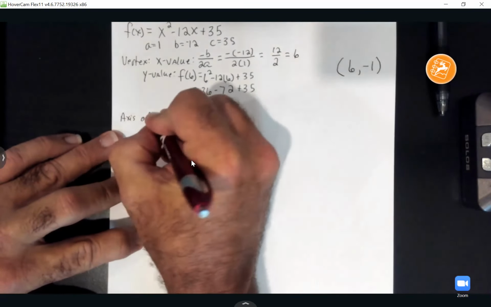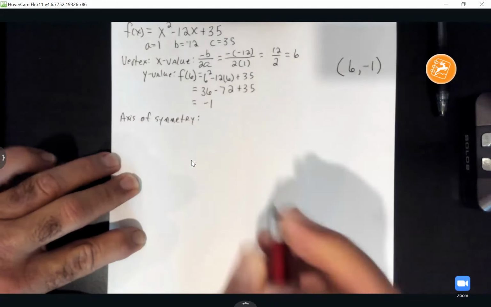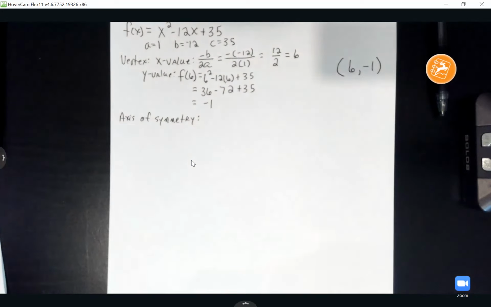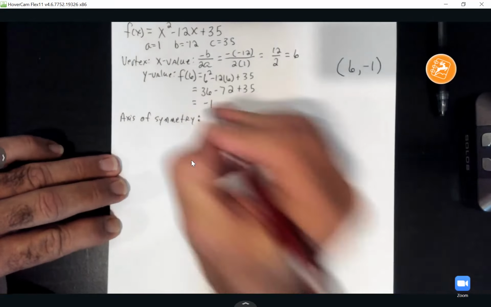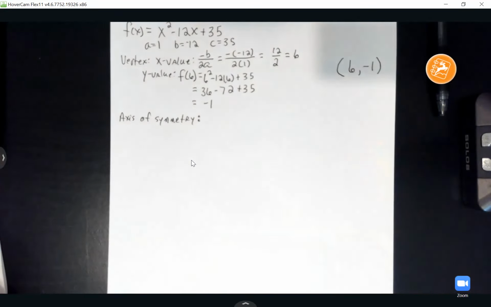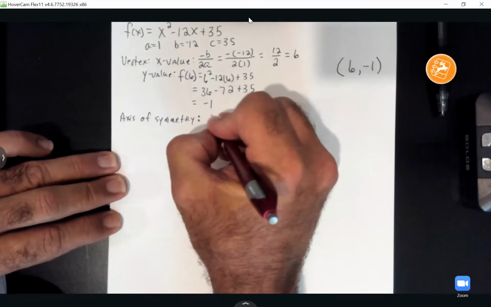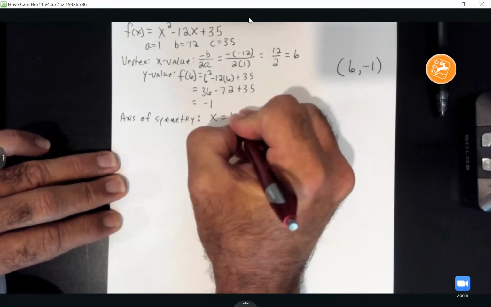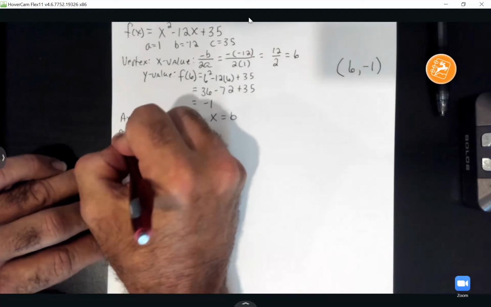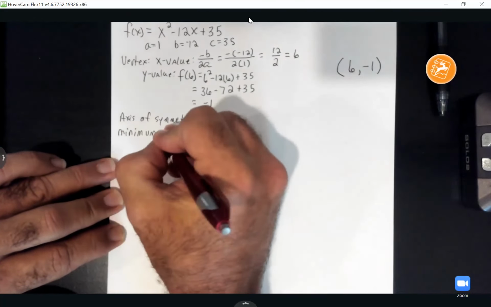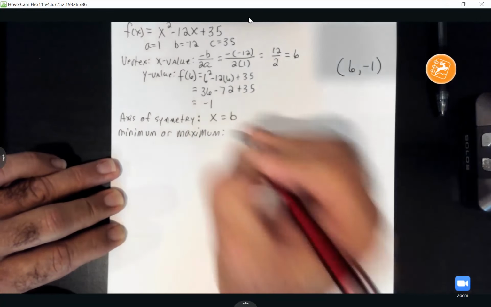So y'all, knowing that, what is my axis of symmetry? Six. So just remember to put that x equals 6. Okay. All righty. Do I have a minimum or maximum value?